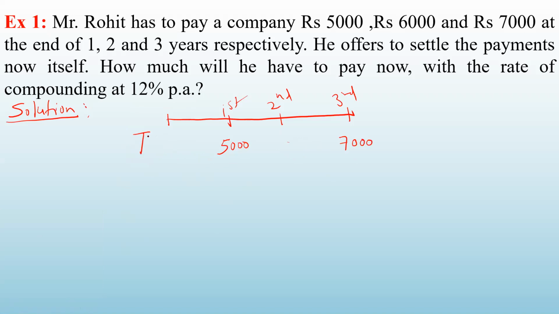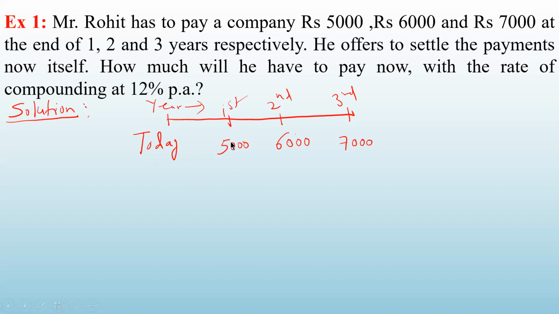Okay, he offers to settle the payments now itself. All these amounts he wants to pay today itself. How much will he have to pay now with a rate of compounding at 12% per annum?